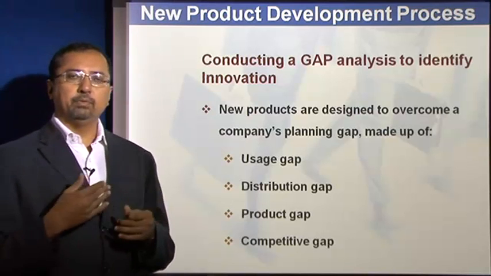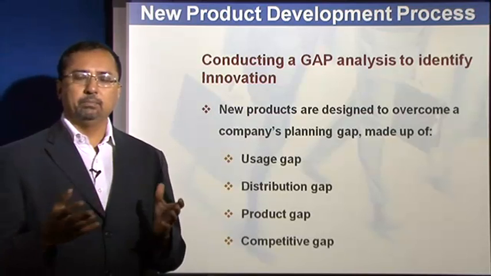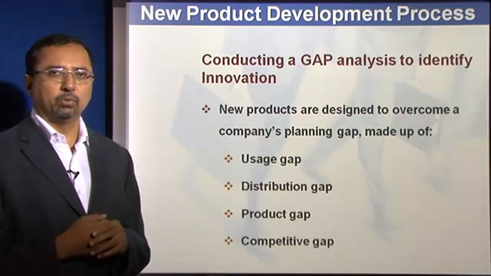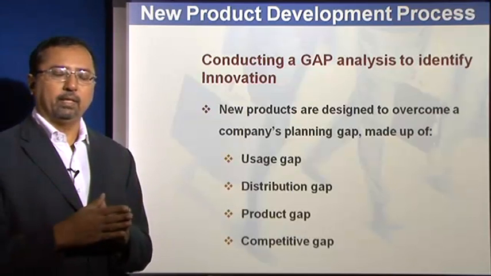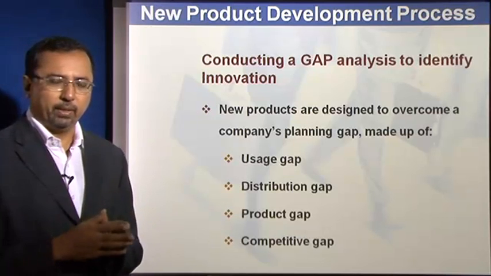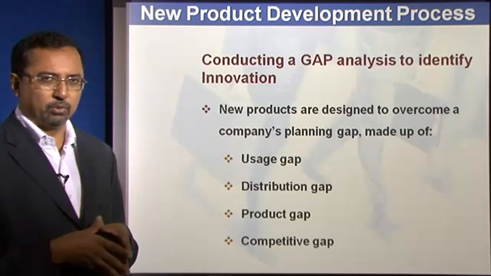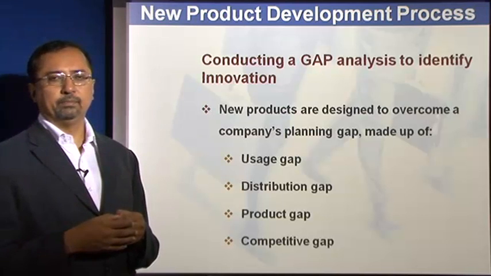Second, it could be in terms of distribution. Take somebody like Dell. Till Dell came along, most computers, to consumers were sold through dealers and resellers. Dell said, hey, you know what, I can sell it to you directly. Went online. Completely changed the way a product like a computer was sold to consumers. Third, there could be huge product gaps.